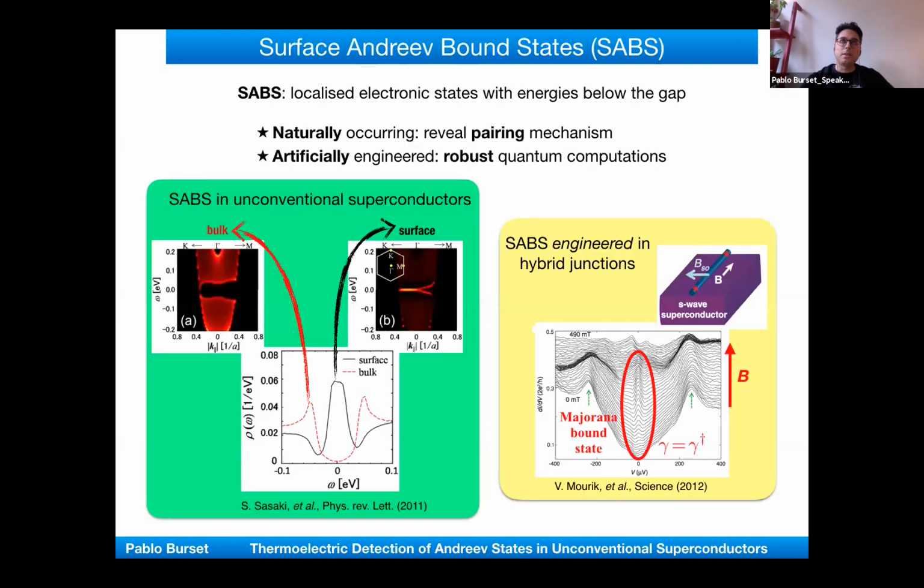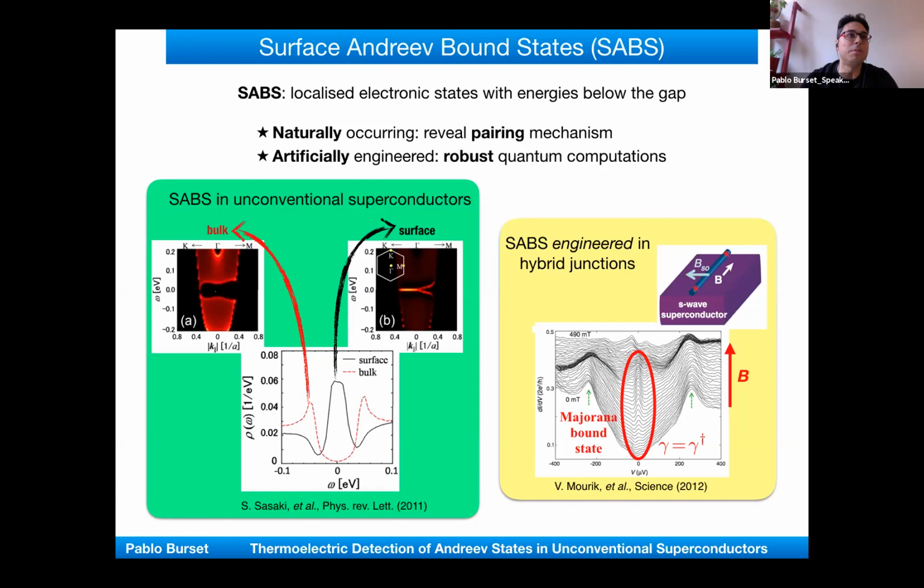In some cases, unconventional superconductors have an anisotropic pair potential that gives rise to localized states at the surfaces of the superconductor that take place below the gap energy. It's shown a little bit here in this high-Tc cuprate spectral dispersion.